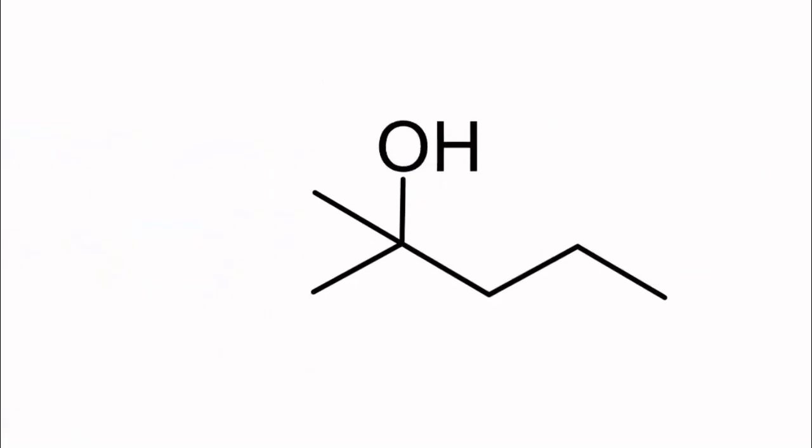And in the last example, let me write in the carbons and hydrogens. This is a carbon. This is a CH3. This is a CH3. This is a CH2. This is a CH2. And this is a CH3.